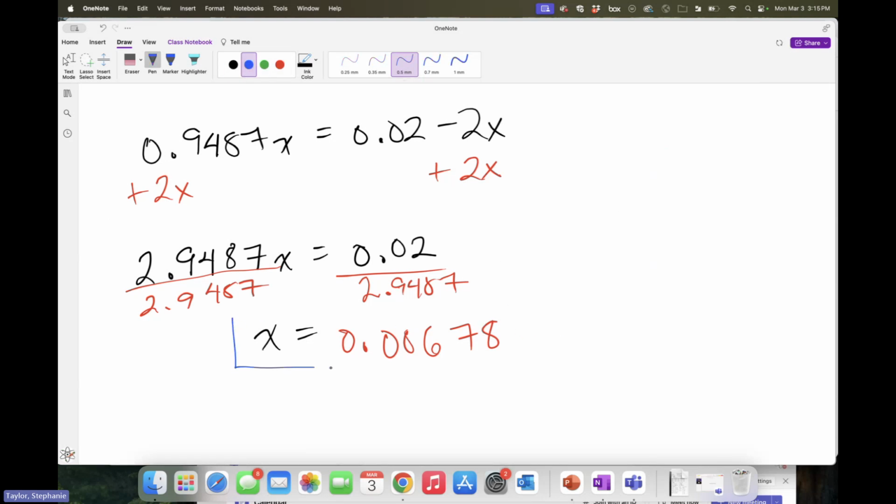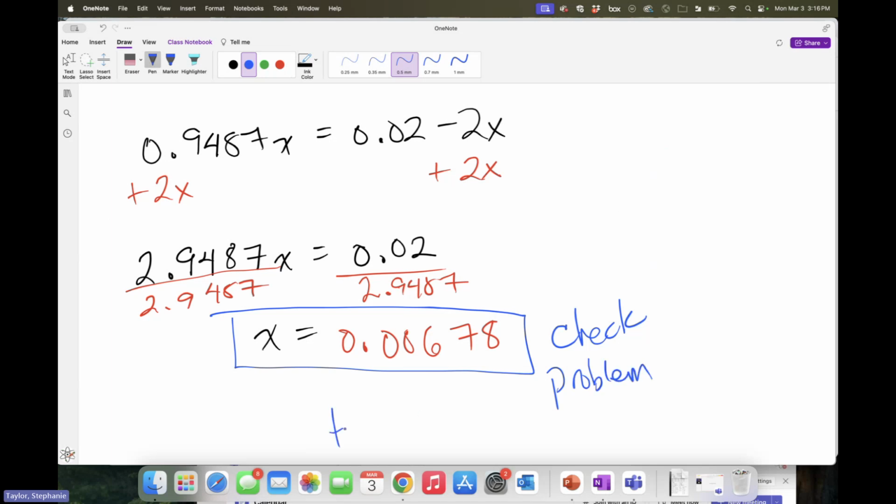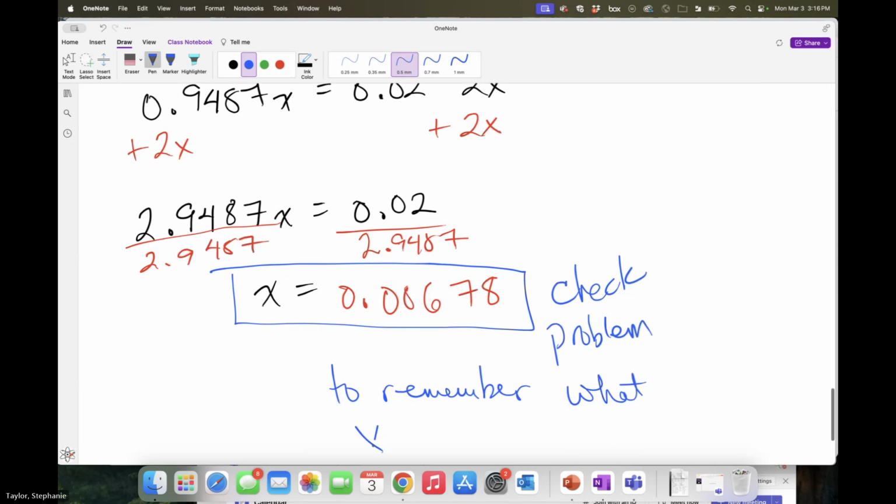Because this is my value for x, it's really tempting to say that this is my answer, but I need to check the problem to remember what I'm solving for. Because this is x, but maybe that's not the answer to the problem.